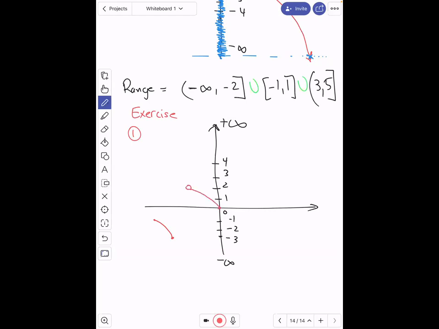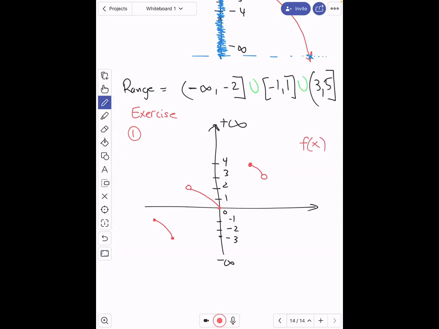Right, and then okay, so that's my f of x. And then you want to find, of course, the range.